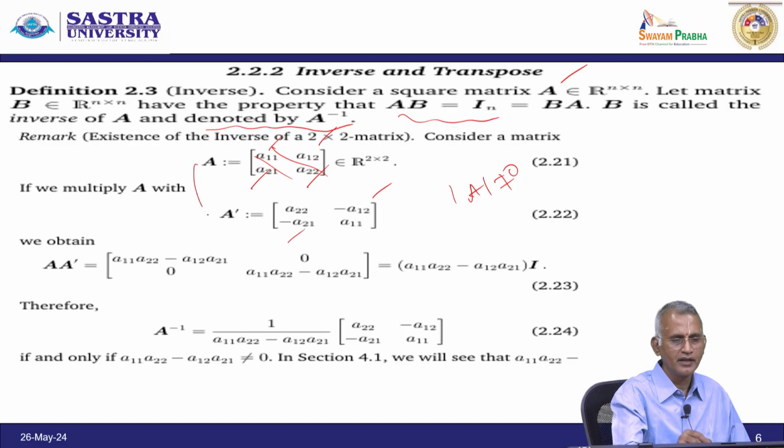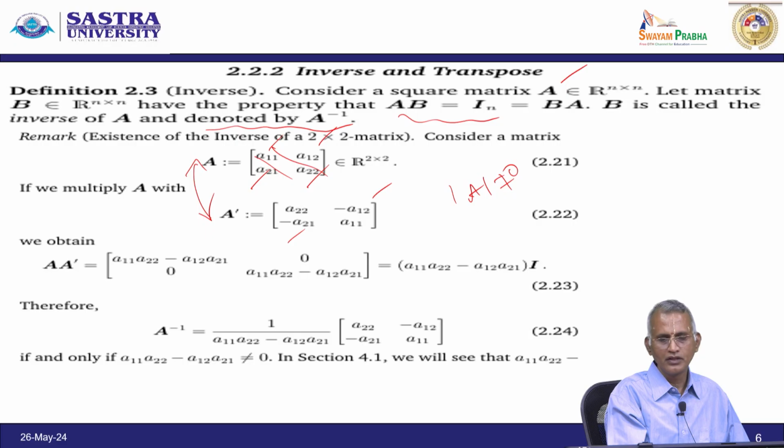Now, you multiply A and A dash, A inverse. If the identity matrix comes, then the inverse exists. So, simply you multiply them. This is the first row of the first matrix multiplied with the first column of the second matrix, and here 0 will come, here this value will come, identity will come, then A inverse is like this, if and only if this value is not equal to 0.